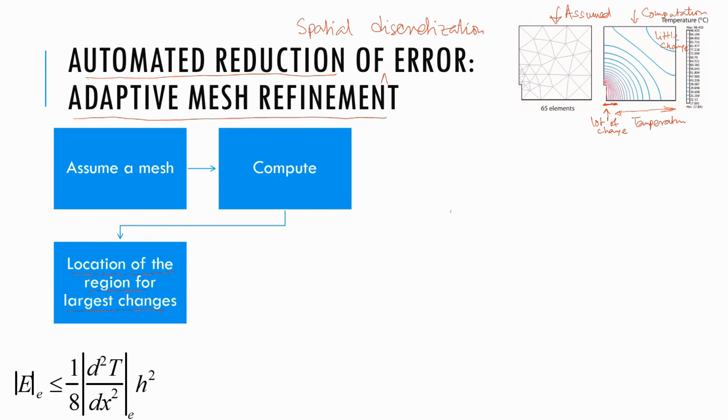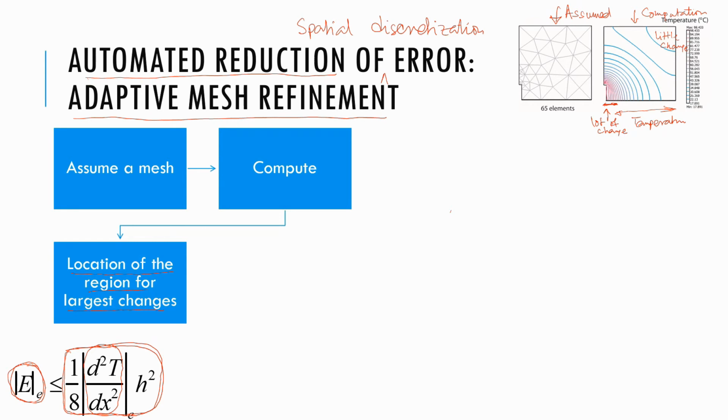In one estimate of how much error we make in one element, we have this kind of expression. I just threw this one in to give you an example of the kind of logic that could be used. So the error in each element is bounded by this, meaning it's less than or equal to this value. And what are these? This d squared T dx squared, of course, is from the temperature.